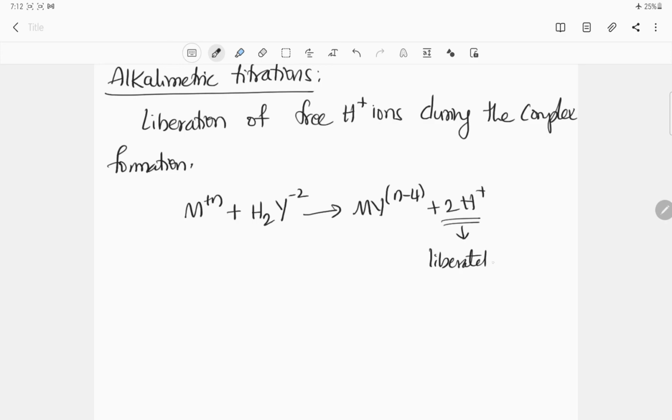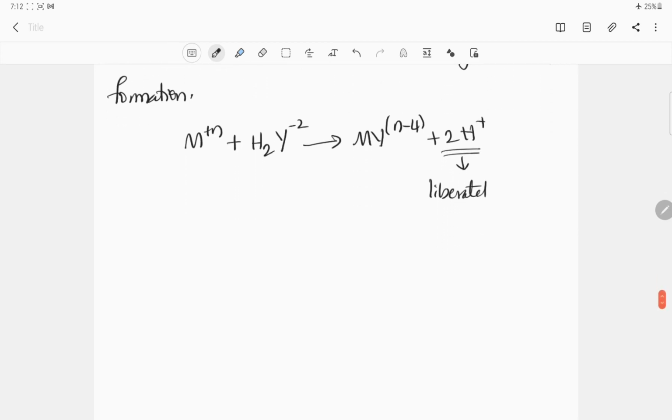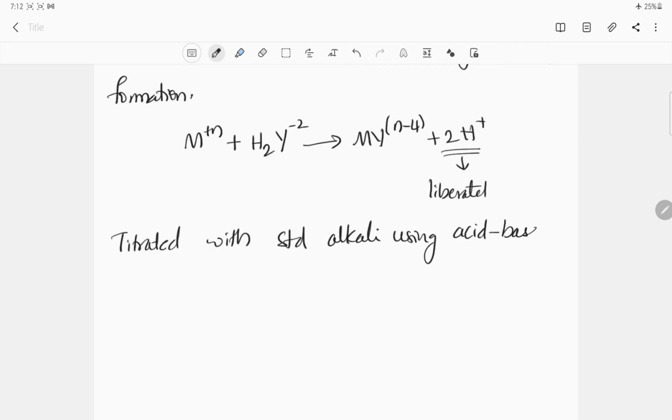The liberated protons are titrated with standard alkali using an acid base indicator or using a pH meter or potentiometer.